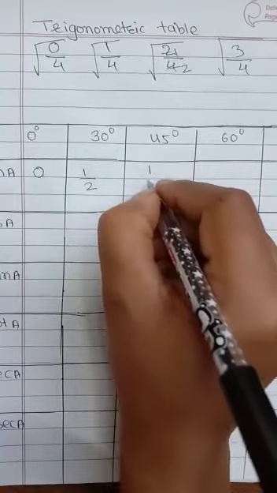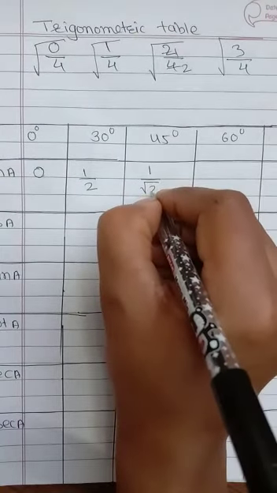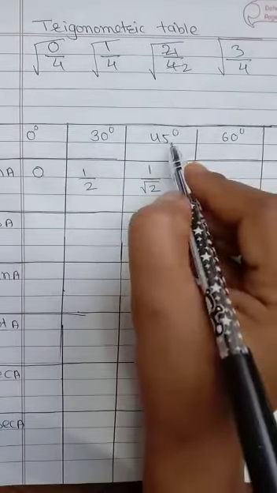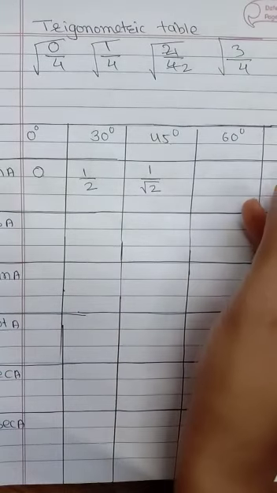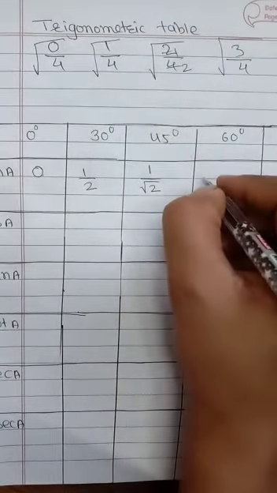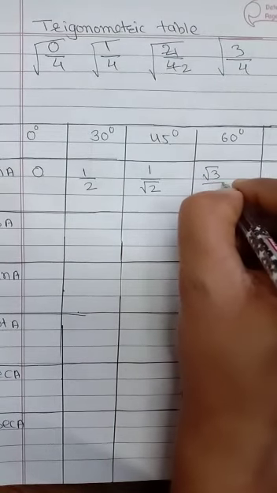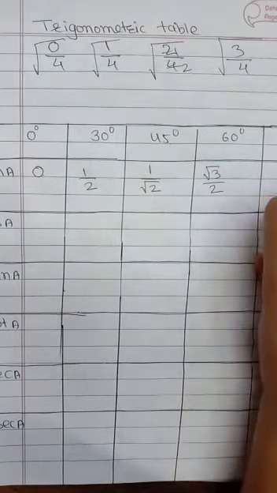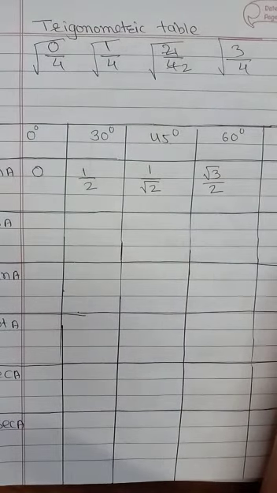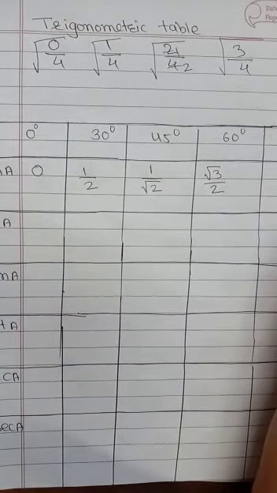The square root of 1 is 1, under root of 2. Hence sine of 45 is 1 upon under root 2. Now let us calculate next. For this we can write under root 3 by square root of 4, that is 2. 4 by 4 is 1. The square root of 1 is 1.